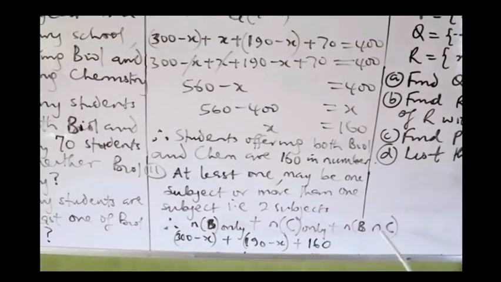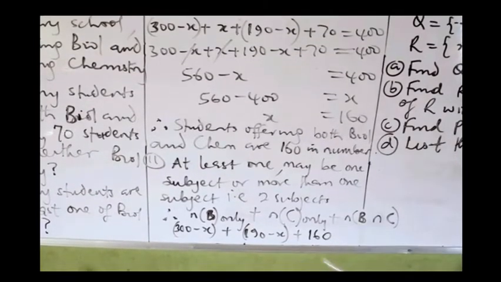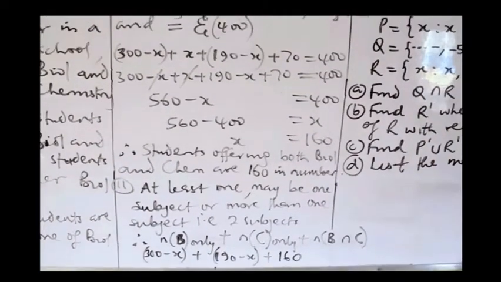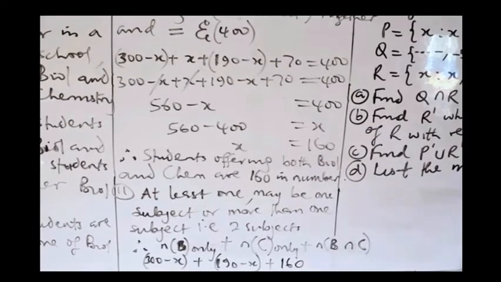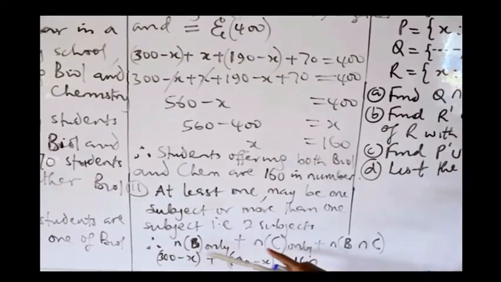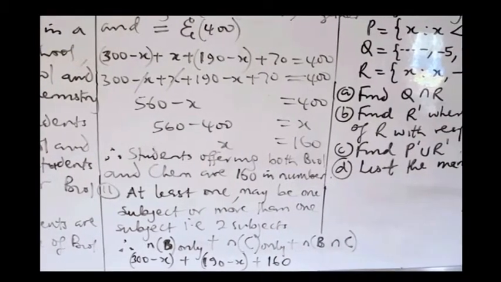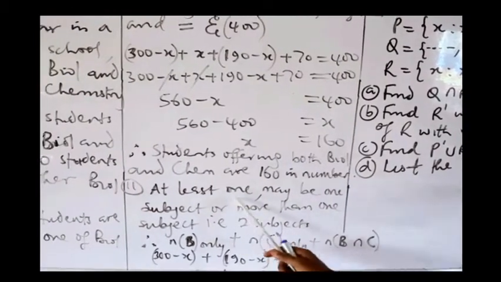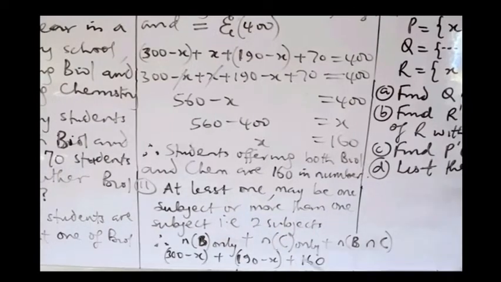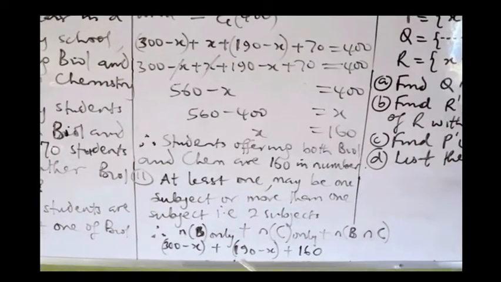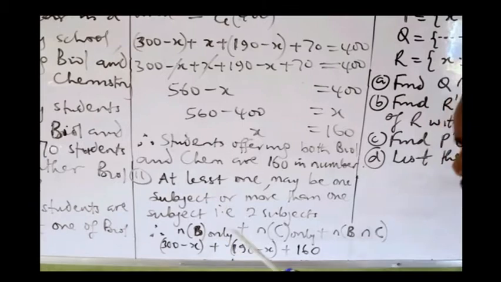So what we do to get this one is, you find the number of students offering biology only, that's one subject. It can be biology only, or chemistry only, or the two subjects together. I repeat myself: at least one subject. The number of people offering at least one subject mathematically is equal to the number of people offering biology only, or chemistry only, or both subjects.